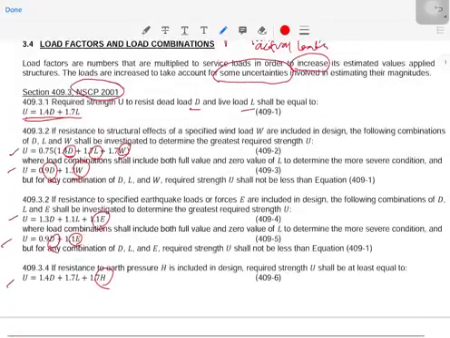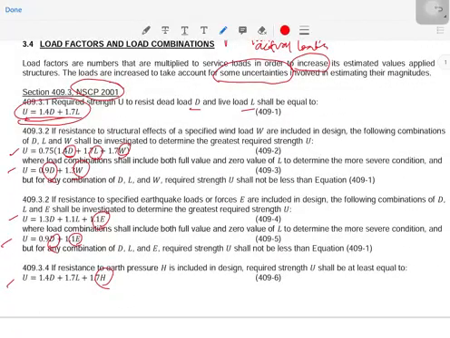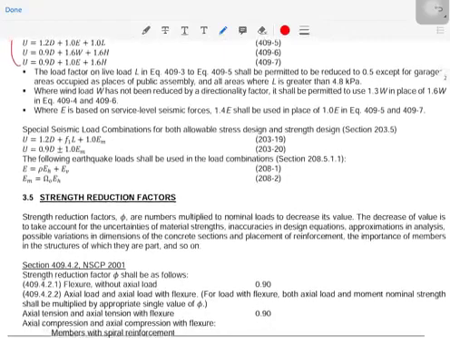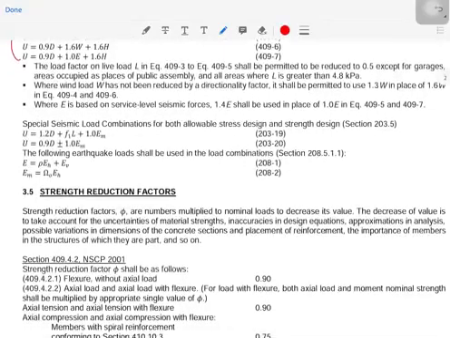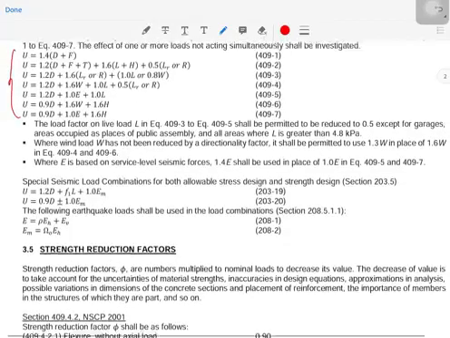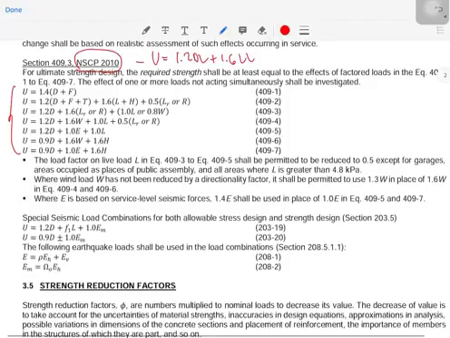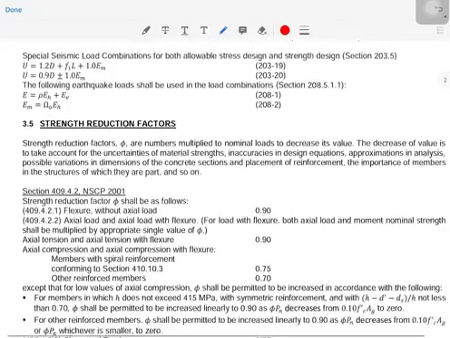Previously that is 1.4 dead load plus 1.7 live load. So it was reduced, no, in certain values. And just read some of this one. If you want more load combinations and explanations about loads, refer to chapter 2 of the NSCP code.